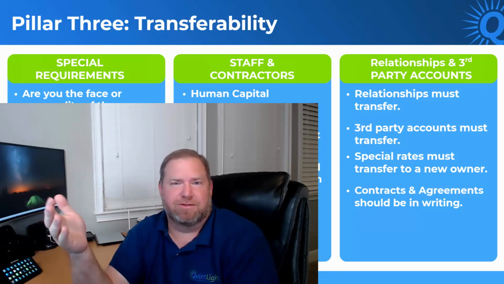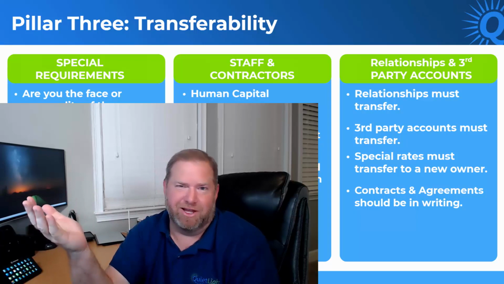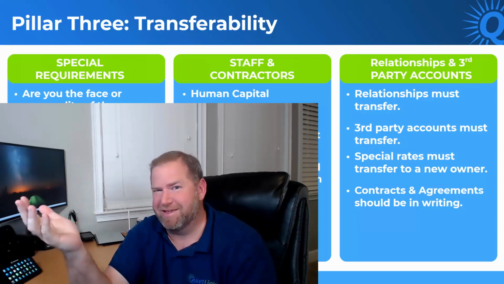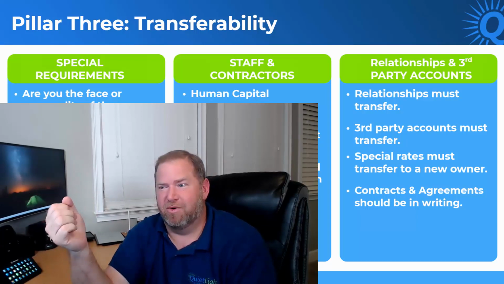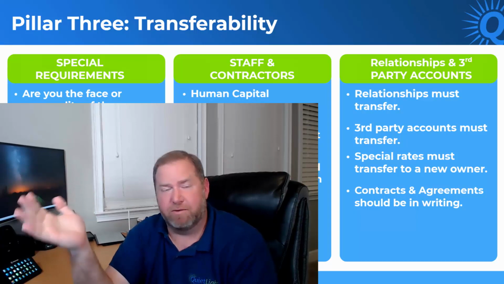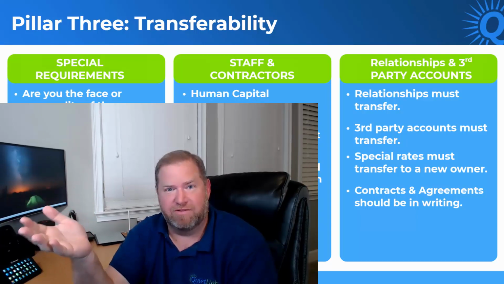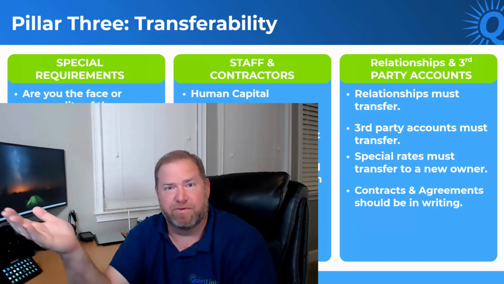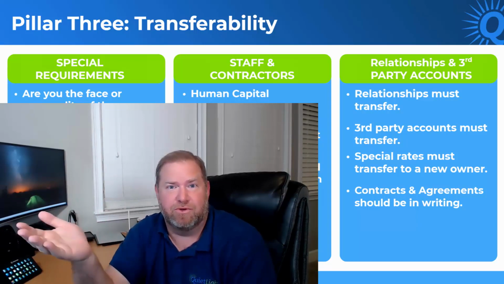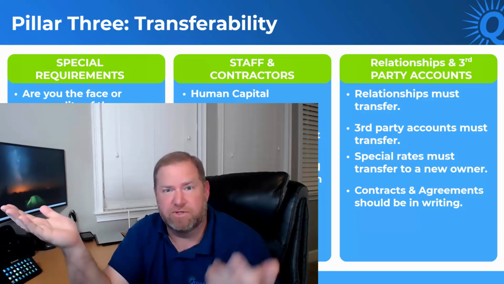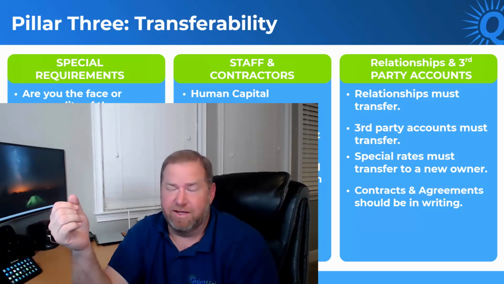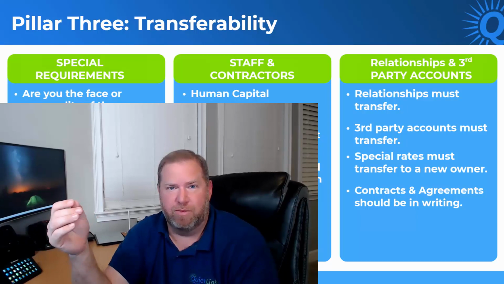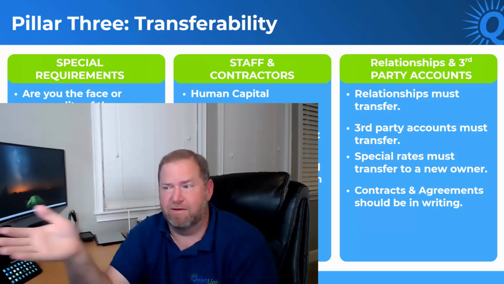Contracts, agreements, they should be in writing. Handshake deals aren't really the best thing. If you've got content writers, do you have an agreement with them that says that they're transferring all ownership of the work that they've done to you? Who owns the copyright and the content? I've seen that plenty of times when we're selling a content site and the buyer's like, okay, well, where's your agreement with how did you get all of this content?